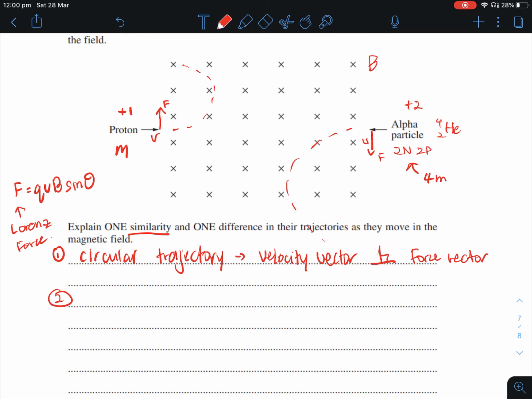And so what's going to happen? Well, we know that qvB, by the way, theta here is just 90, so I'm just going to go qvB, we're going to equate that with centripetal force, right? And so that leads us to, when I isolate r, r is equal to mv squared over qvB, which is equal to mv over qB.